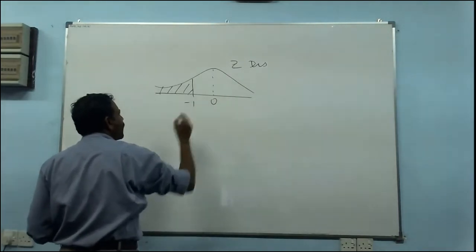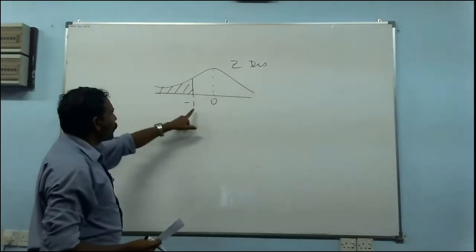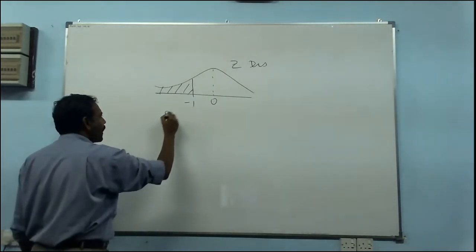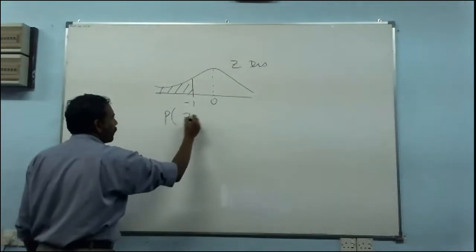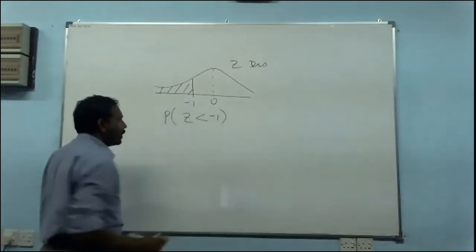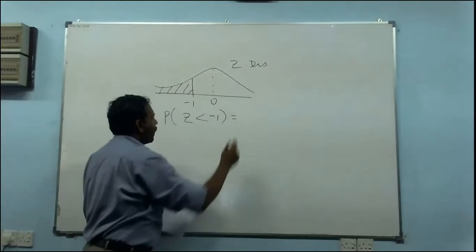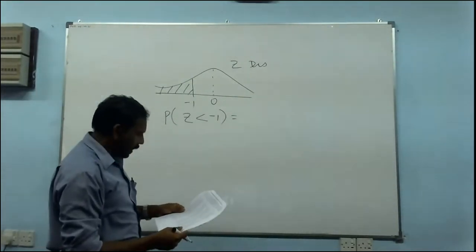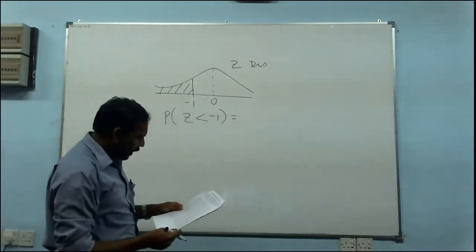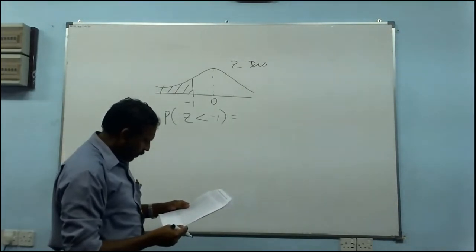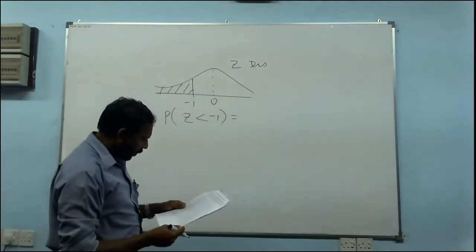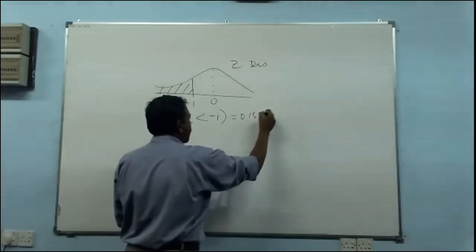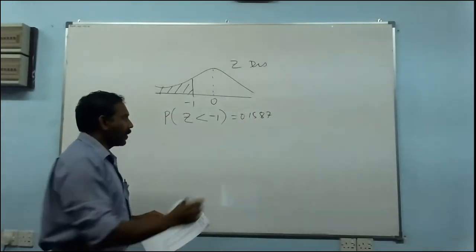If I want to find the probability of z less than minus 1, we can directly read the value from the table. What is the area less than minus 1? It is 0.1587.